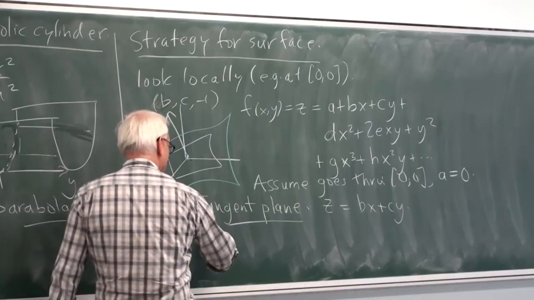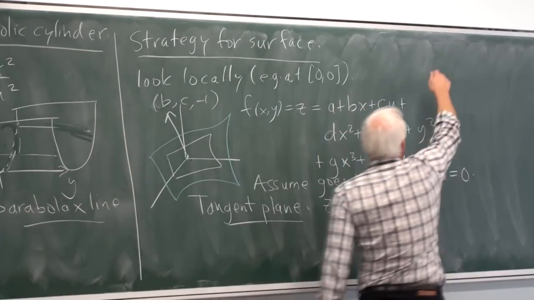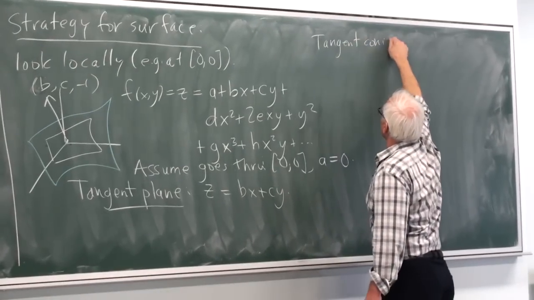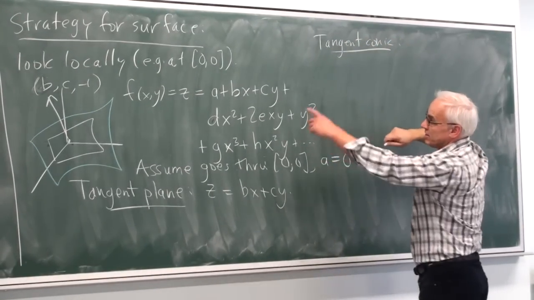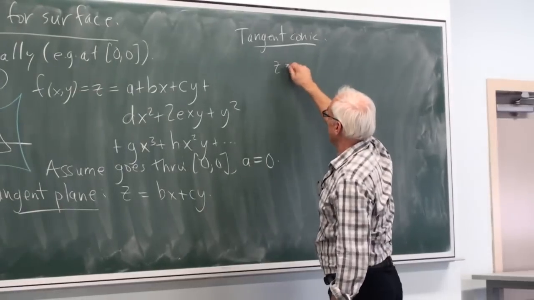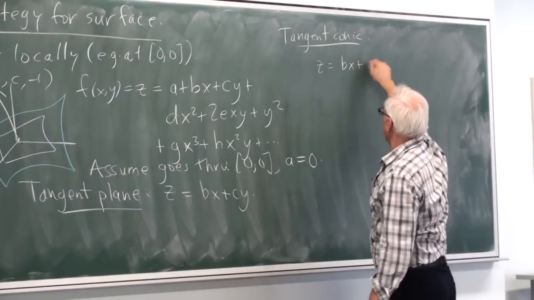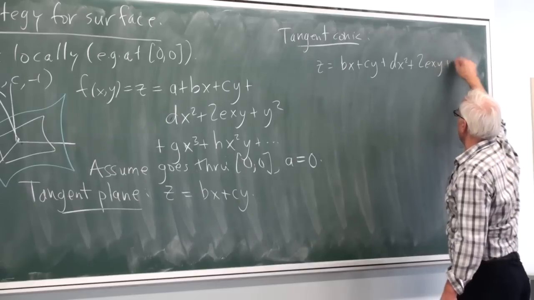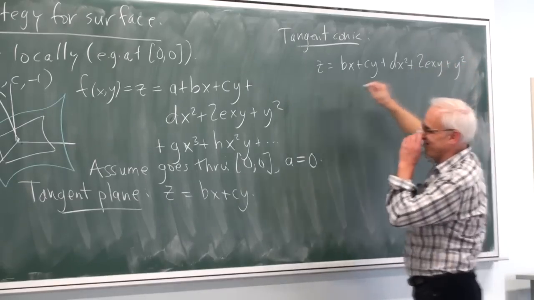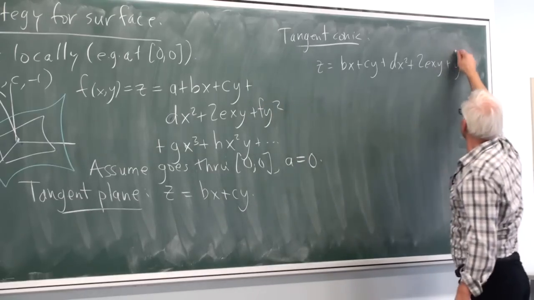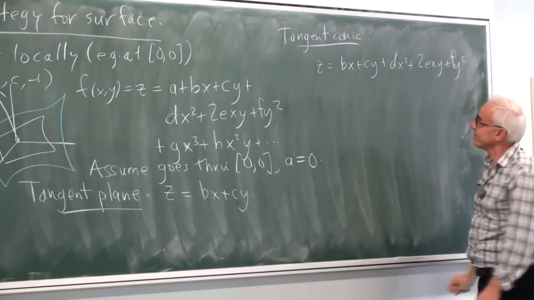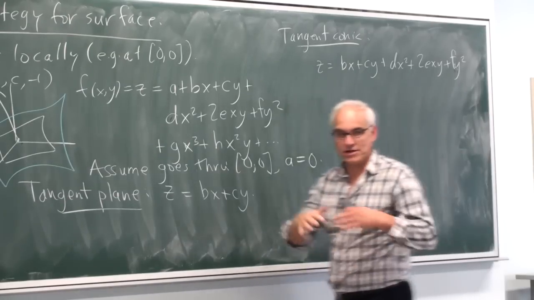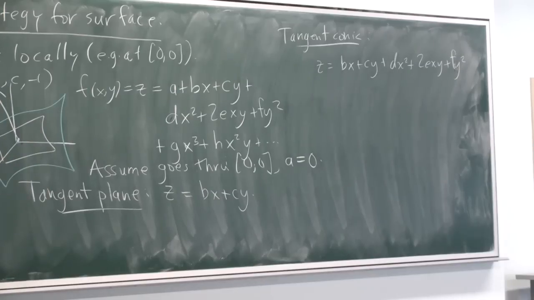And then the second order approximation is the tangent conic, which will be these linear and quadratic terms together, bx plus cy plus dx squared plus 2exy plus fy squared. I should put maybe an f here. All right, so that's the tangent conic, which is the quadratic approximation to the curve.